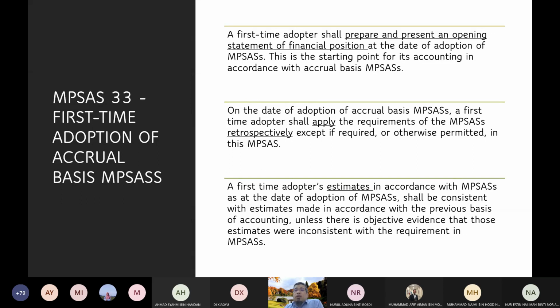On the date of adoption of accrual basis MPSAS, the first-time adopter shall apply the requirements of the MPSAS retrospectively, except if required or otherwise permitted in MPSAS. First-time adopters' estimates in accordance with MPSAS as at the date of adoption shall be consistent with estimates made in accordance with the previous basis of accounting, unless there is objective evidence that those estimates were inconsistent with the requirements in the MPSAS.